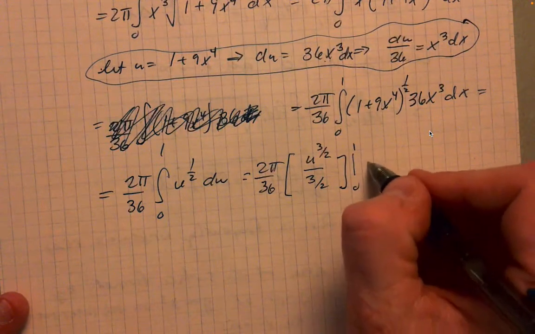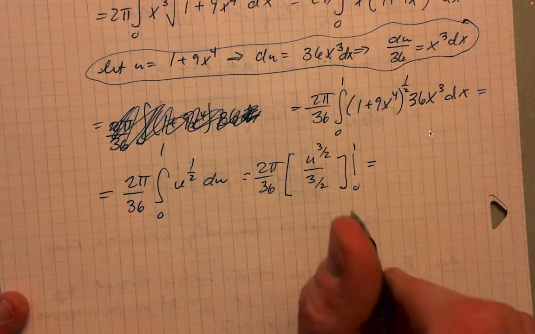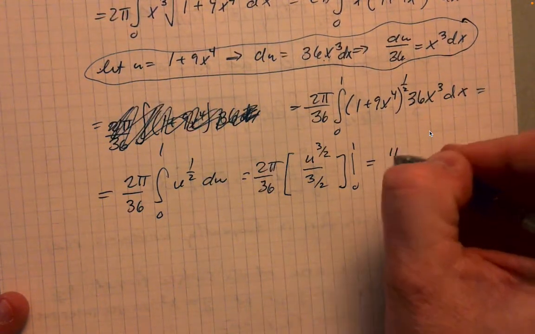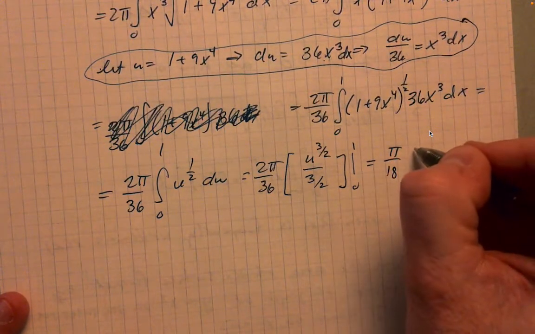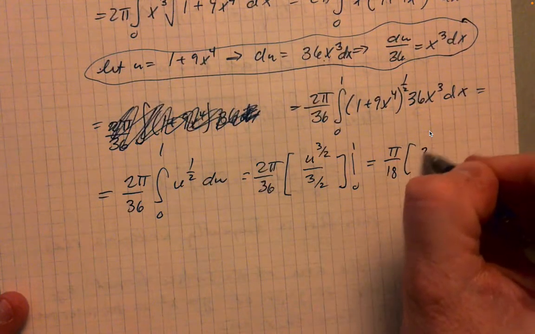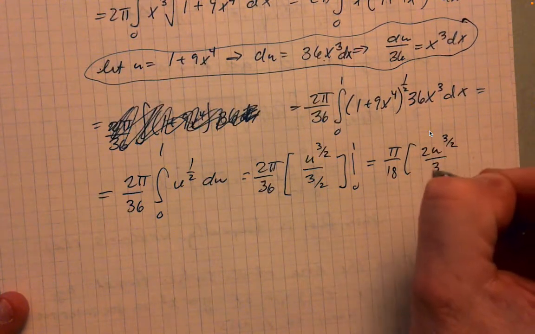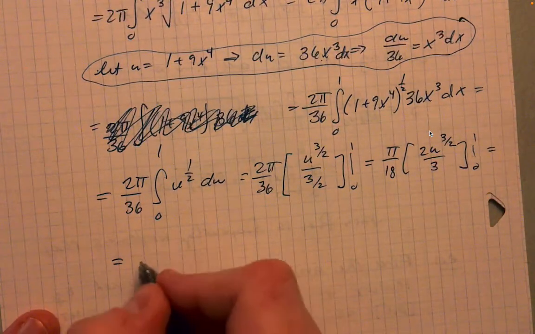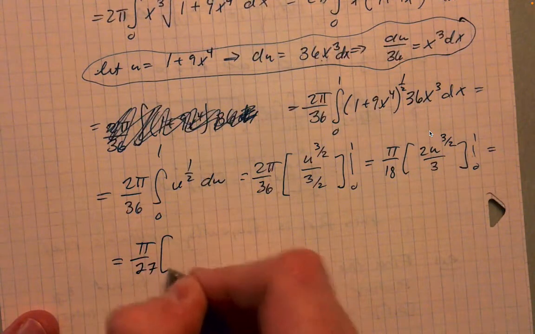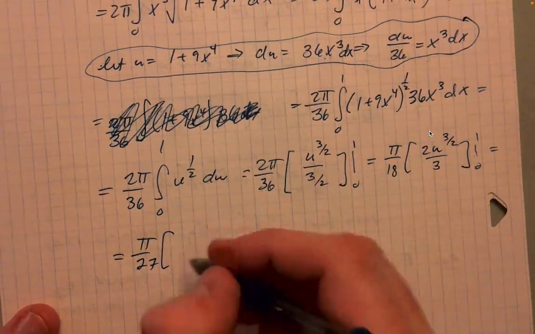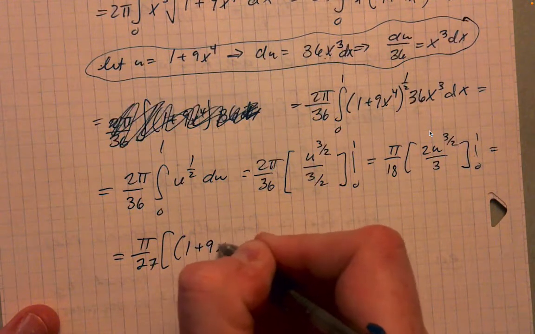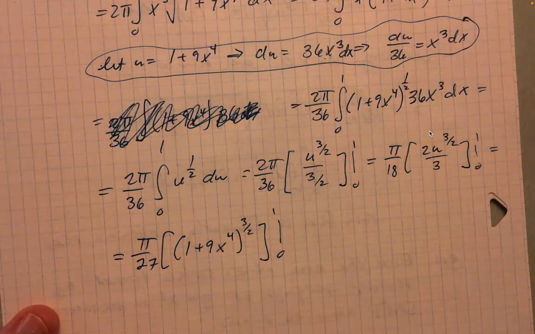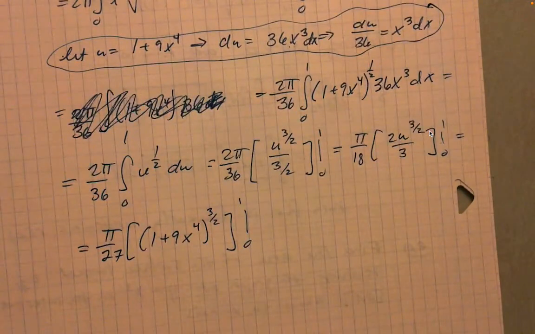And that means we get, let's see, pi over 18 outside here, and then it's 2u to the 3/2 over 3 from 0 up to 1, and so this would be pi over 27, and then it's u to the 3/2, but let's put in our other thing, 1 plus 9x to the 4th, just like so. Okay, and perfect.